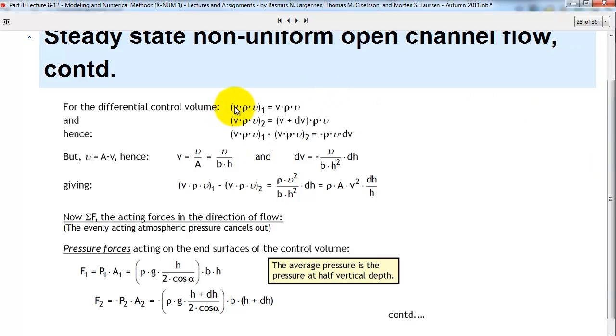So this is just the relations that you assume for what is entering, and in fact the other one is the same except for a small change in speed. So when you subtract these two, you end up with this.